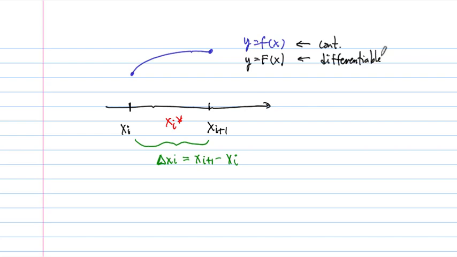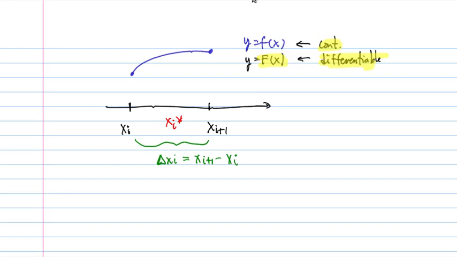Which, by the way, if it's differentiable, it has to be continuous. But capital F is differentiable on this interval. All right? So if it's differentiable and it's continuous, then we remember something very important, and that is that we've got both continuous and differentiable, but that only applies to big F.